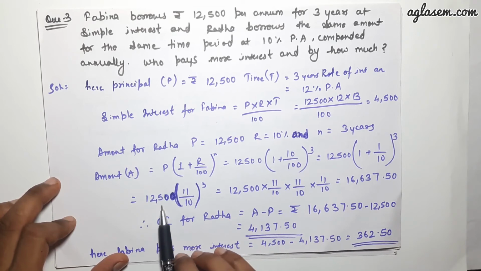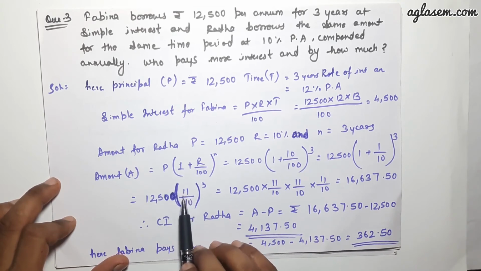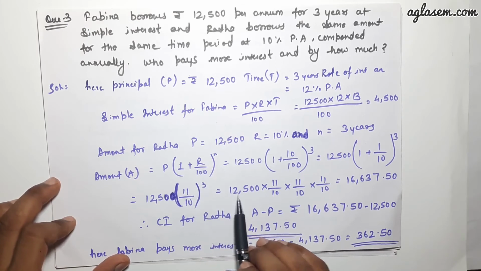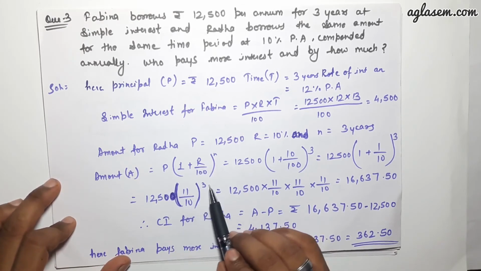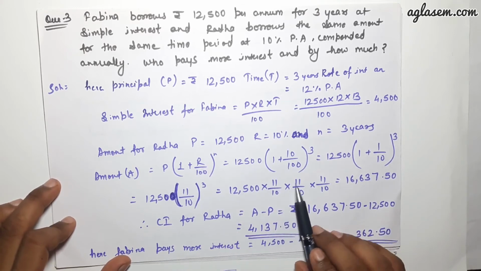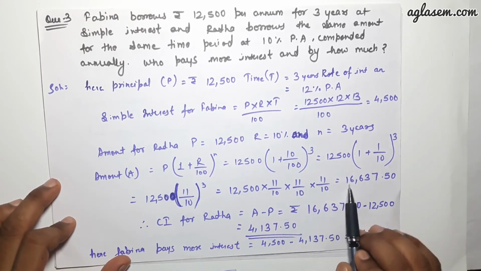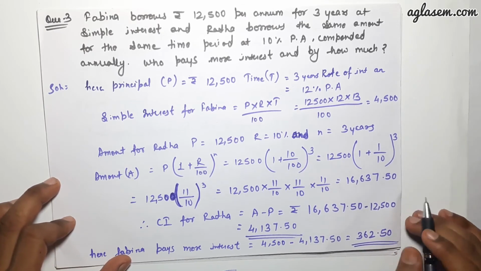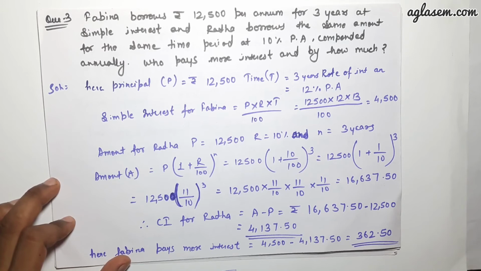We get 12,500 (11 upon 10) to the power of 3 years, which is 12,500 into 11 upon 10 into 11 upon 10 into 11 upon 10, which is equal to 16,637.50.